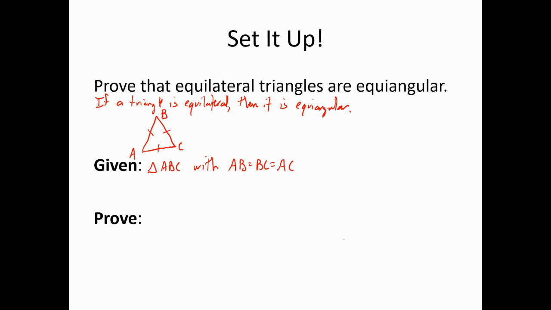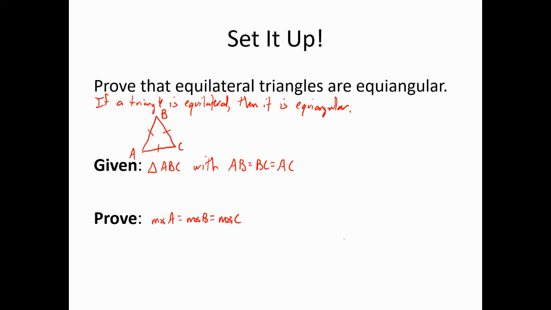And a sort of run-on equation like that says that all of those quantities are equal to one another. So we have a triangle ABC with AB equal BC equal AC. That is, it's equilateral. And then what we wish to prove, of course, is that the measure of angle A is equal to the measure of angle B is equal to the measure of angle C. That is, all three angle measures are equal to one another. So that's how we would set the proof up.